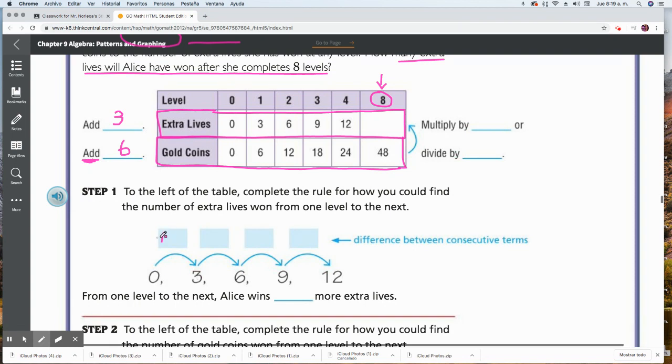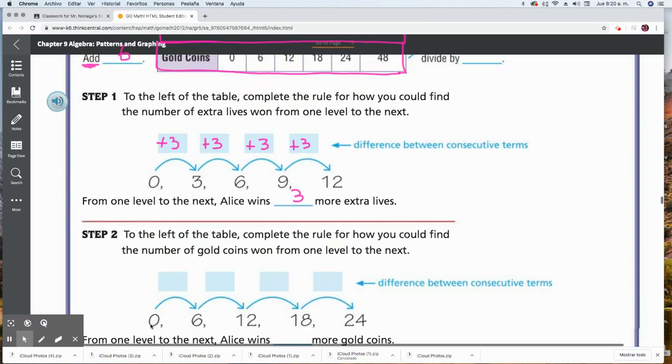So I'm going to write 0 plus 3 equals 3. What number plus 3 equals 6? 3. So 3 plus 3 equals 6. 6 plus 3 equals 9. And 9 plus 3 equals 12. So from one level to the next, Alice wins 3 more extra lives. When the number of the level increases, her lives increase by 3. So that's step number 1.